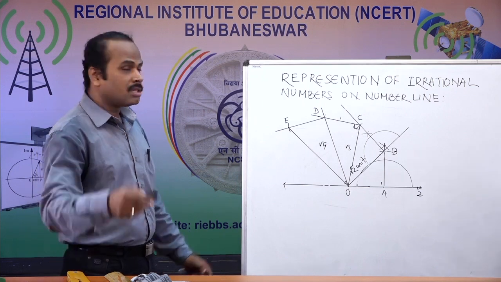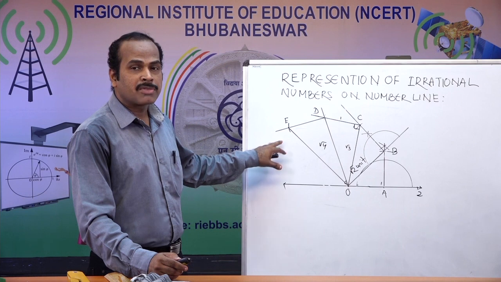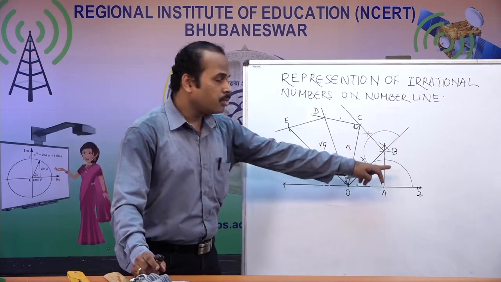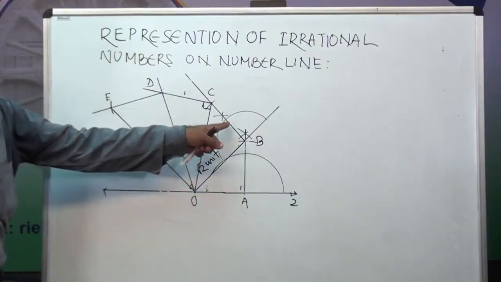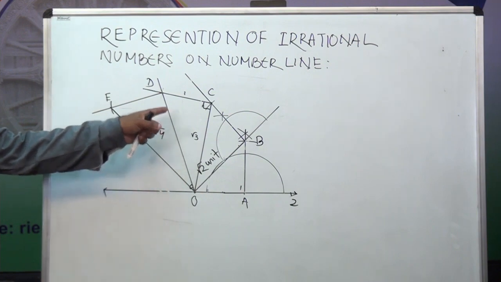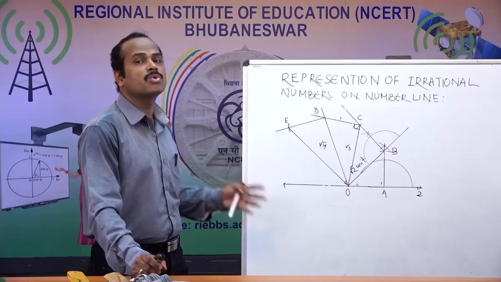You can see the picture I have given. By using this 1 unit, I got root 2, root 2 plus 1, I got root 3, root 3 and 1, I got root 4, root 4 again 1, I got root 5. If you keep on going like this, you will find a square root spiral.